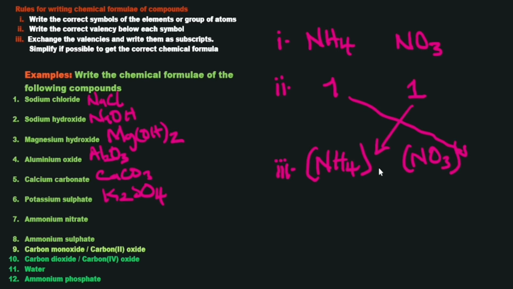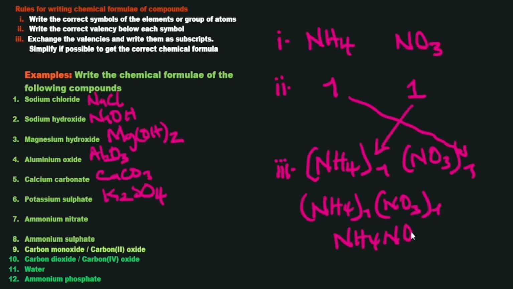Here we'll have 1 and here we'll have 1. So we expect that the formula should be NH4 bracket 1, NO3 bracket 1. Since we don't include 1 when writing chemical formulae, we'll have NH4NO3.